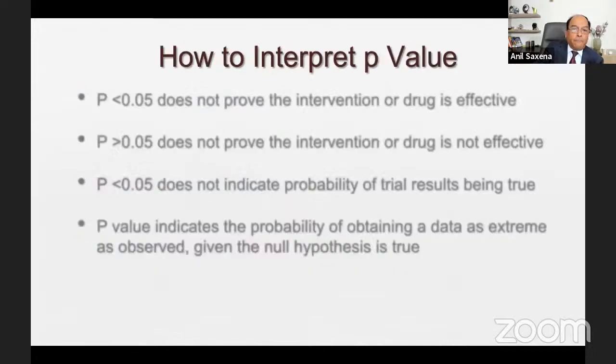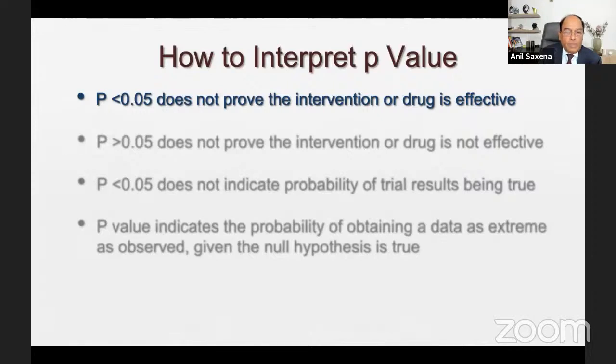and that is what statistics is all about. So the interpretation of the p-value involves certain facts. Typically we say that if it is less than 0.05, we know that the new intervention or drug is effective. It doesn't prove it. A p-value of less than 0.05 does not prove that the new intervention or drug is effective. It gives you a certain probability.